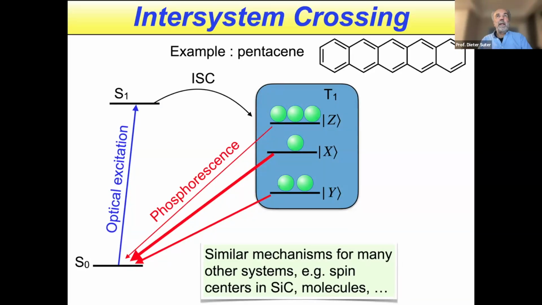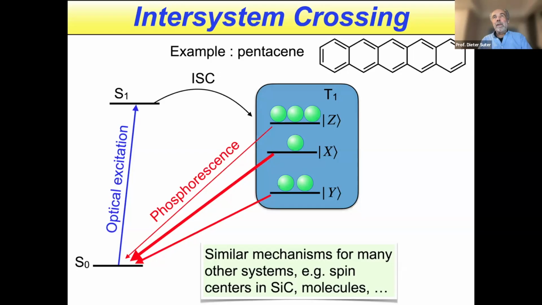The main difference here for pentacene is that here, and in most molecules, the ground state is actually a singlet state. So if you don't use a laser, there is no electron spin in the system. But if you excite it with a laser from the S0 to the S1 state, you can again have intersystem crossing, in this case to a triplet state.